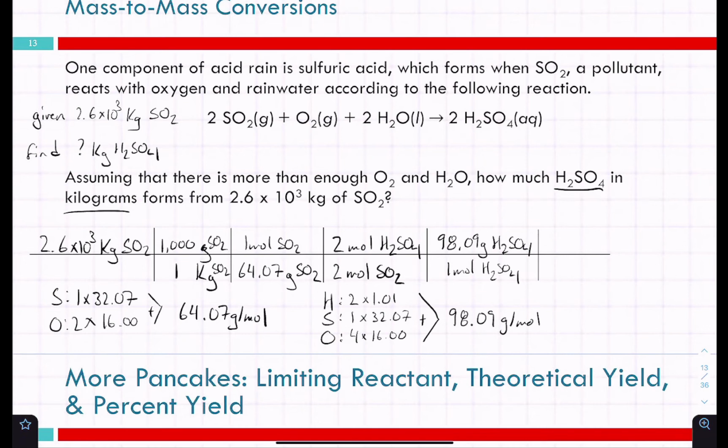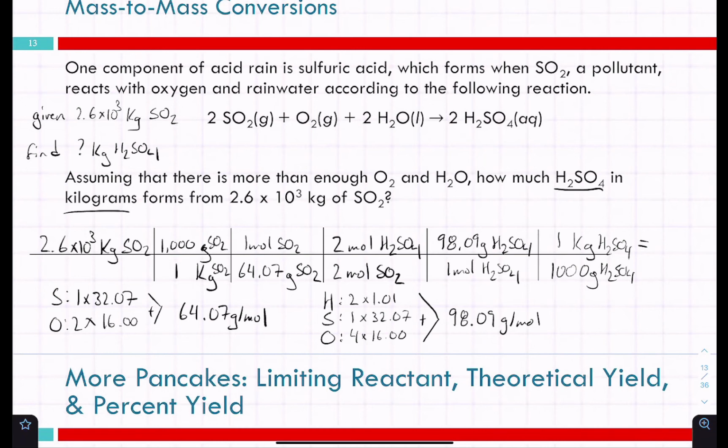One last step: convert it into kilograms. So the grams on top or bottom? Bottom. We used this conversion factor already. So 1,000 grams is 1 kilogram of H2SO4.